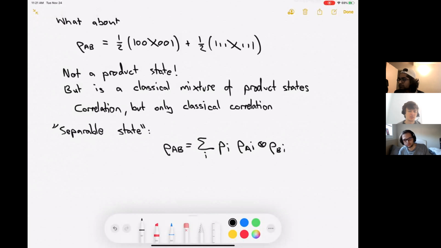So for example, this state up here, where the p_i would both be a half, and the rho A_i and rho B_i would be 0,0 and 1,1 respectively. For i equals 0, they'd both be 0,0. For i equals 1, they'd both be 1,1.